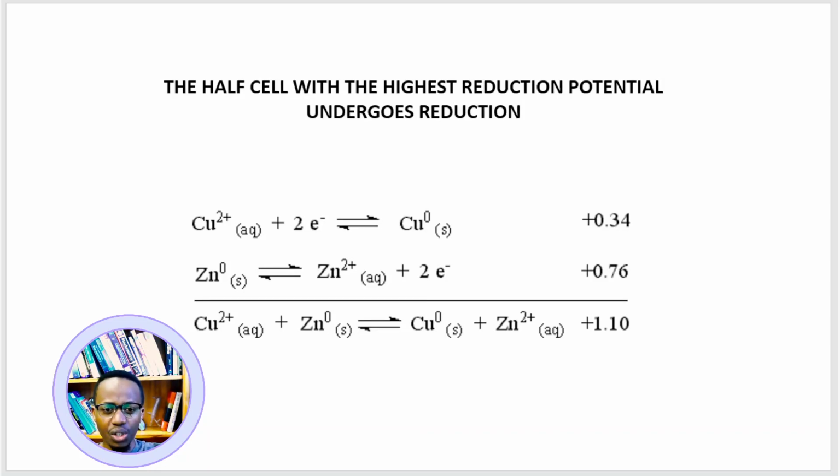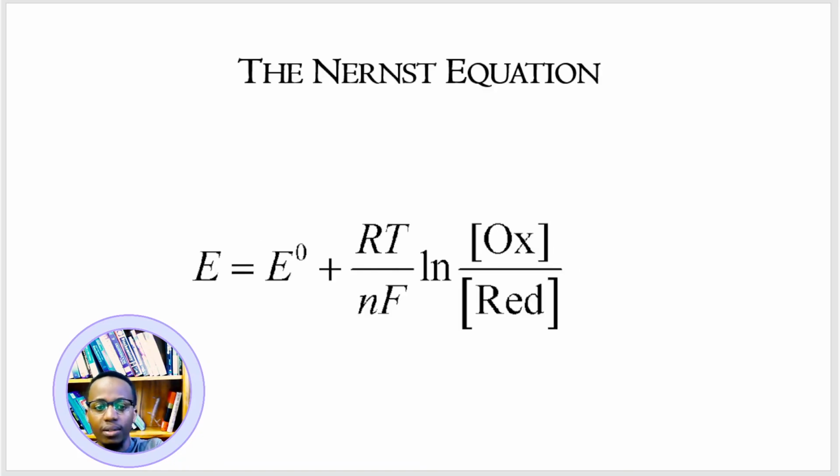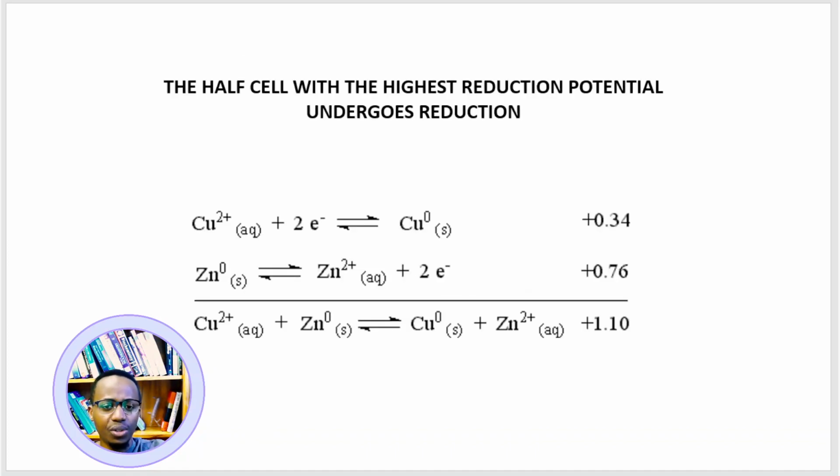So the concentration of the zinc 2 plus in water and the concentration of copper 2 plus in water. If you are asked to use the Nernst equation, you're going to be given the concentrations. But if you are just asked to find the standard potential, you find it as usual like this. But now you know how to do both.